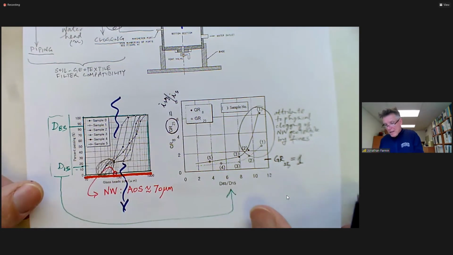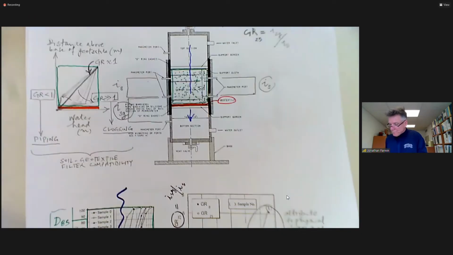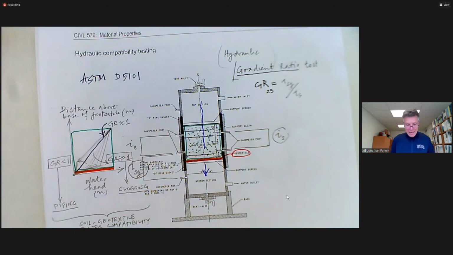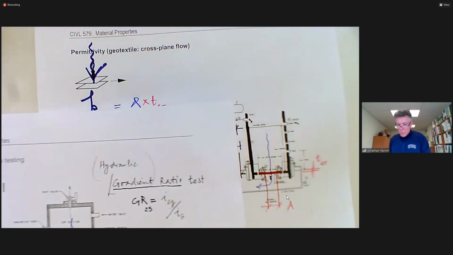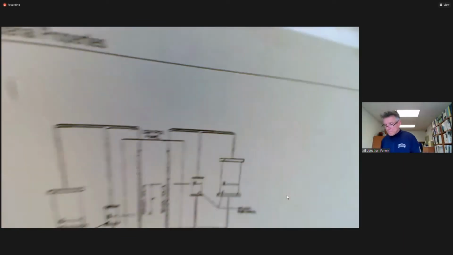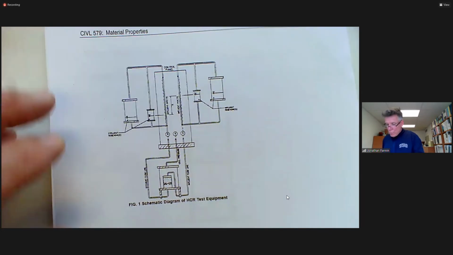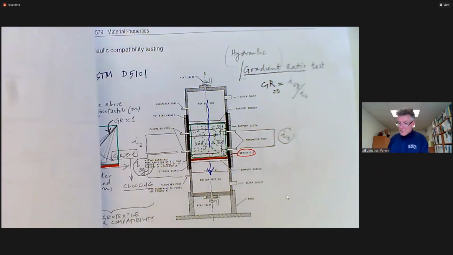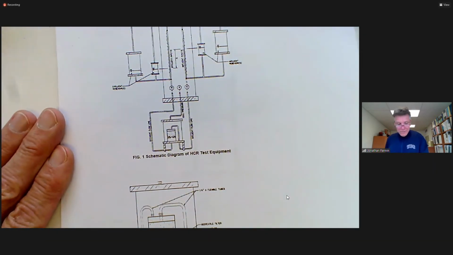And there's a second test, and it's the last page of the notes. There's a second hydraulic compatibility test. And that second test moves from a rigid wall device, such as we see here, to a flexible wall device.